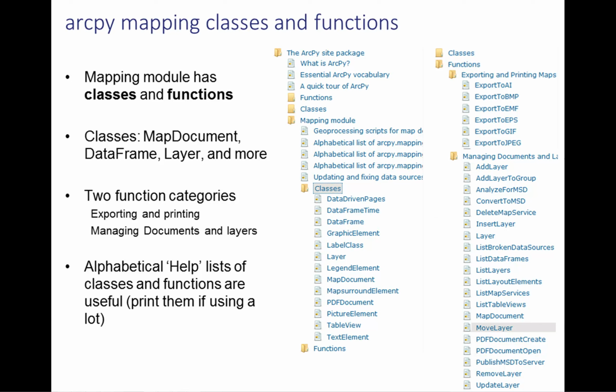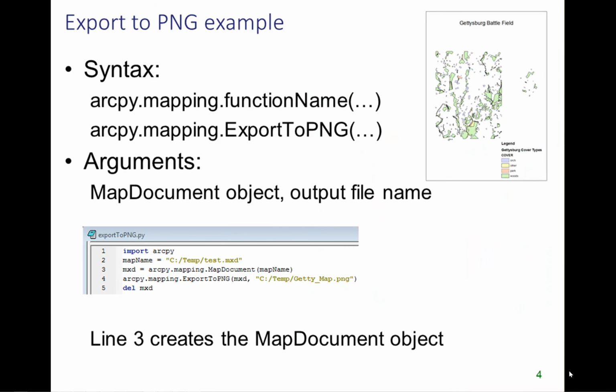Notice the alphabetical help lists of classes and functions in the left image. These are useful to print so that you can reference them while working with the mapping module. To use any of the functions we saw in the right screenshot on the previous slide, we use dot notation. Mapping is a module that resides under the arcpy package.